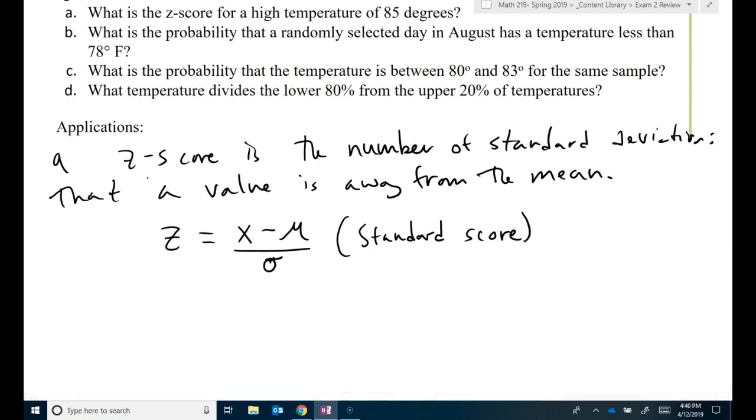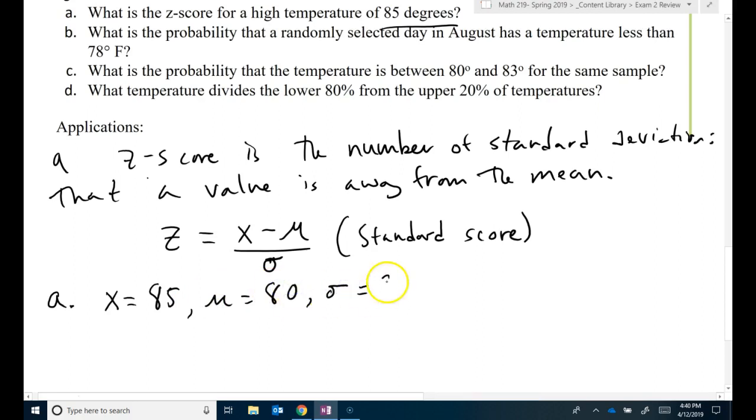Okay? So, let's say, for example, I've got A. What is the z-score for a high temperature of 85 degrees? Well, I'm going to write down the values that I need. X is going to equal 85, because that's the thing I'm looking for the z-score of. Mu, again, is going to equal 80. Sigma equals 8. So that's something that we already know.